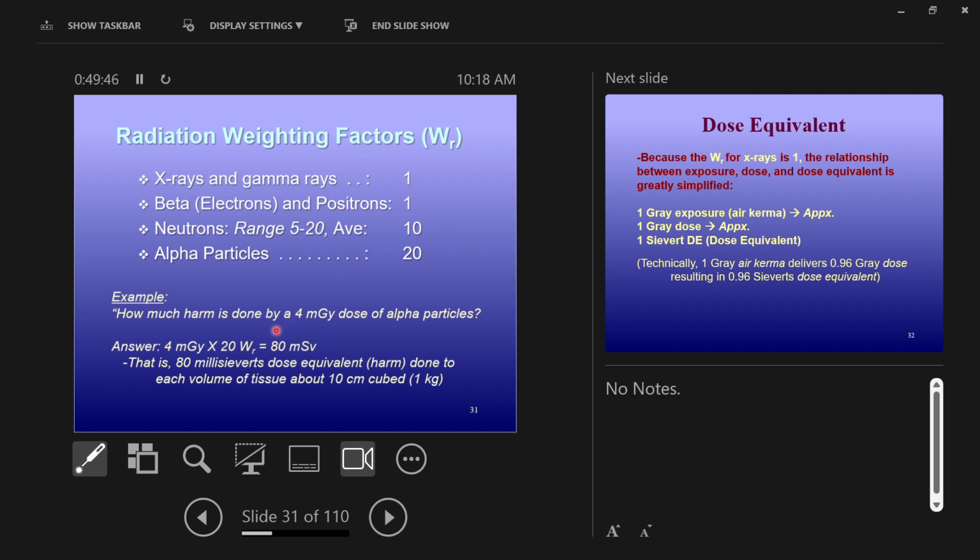So yeah, you can ask how much harm is done by 4 milligray of alpha particles. Okay, and it's simple. You take 4 milligray, the number 4, and you multiply that by the number 20. That's the radiation weighting factor for alpha radiation, and you get an answer 80. The unit that we're going to have here is just sieverts. Okay, millisieverts to be specific.